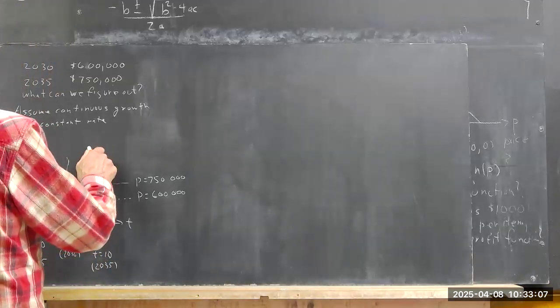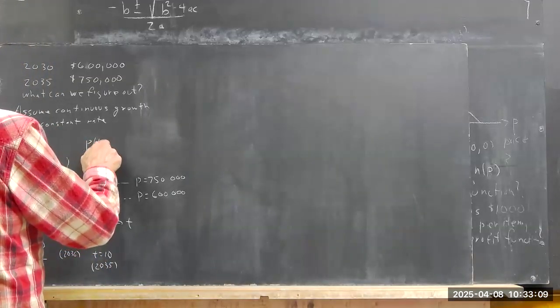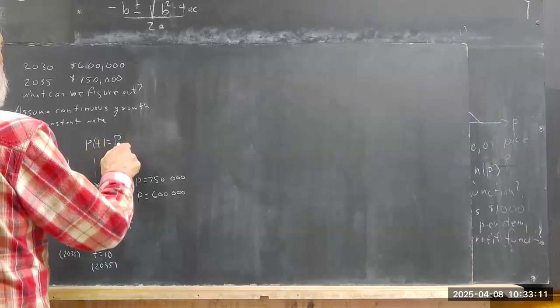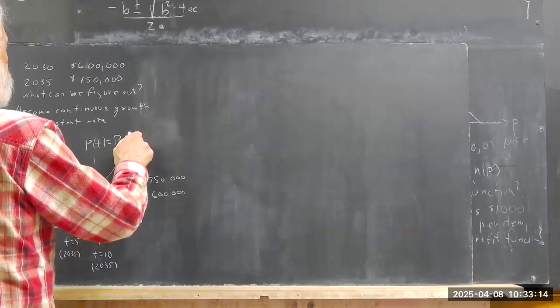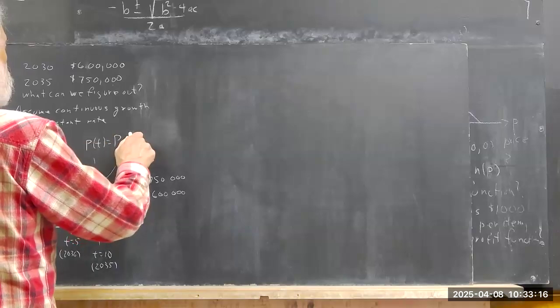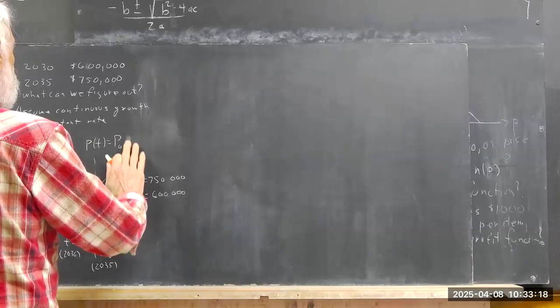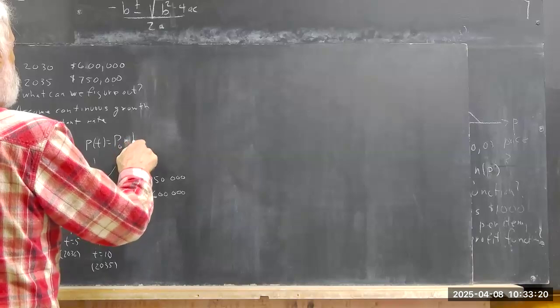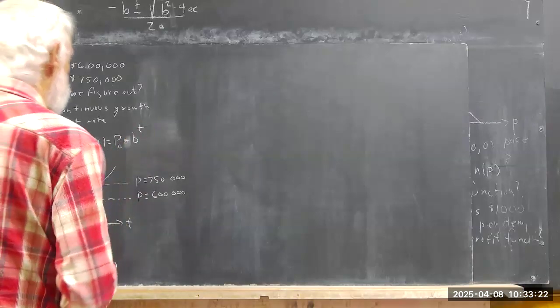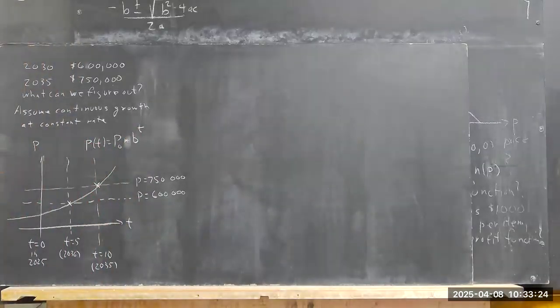And this is going to equal P naught times B to the T. It's not an E to the RT because you don't know how to deal with E to the RT yet. You will by next week. So we can redo this with an E to the RT.